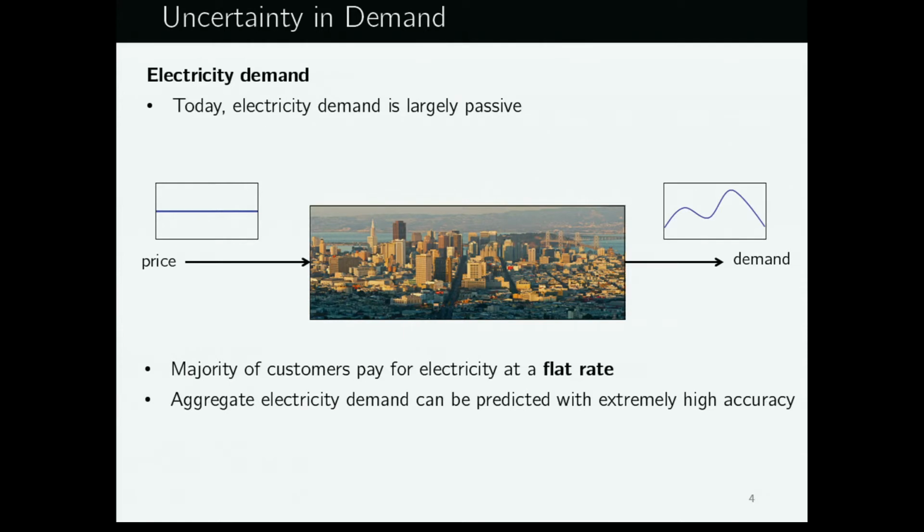And so we can predict demand to within extremely high accuracy, say 1 to 2% mean squared error, 24 to 38 hours in advance. That simplifies power system operations dramatically in the sense that you can schedule resources in the power system to meet expected demand, and any residual imbalance that manifests itself in real time will be quite small relative to the forecast.